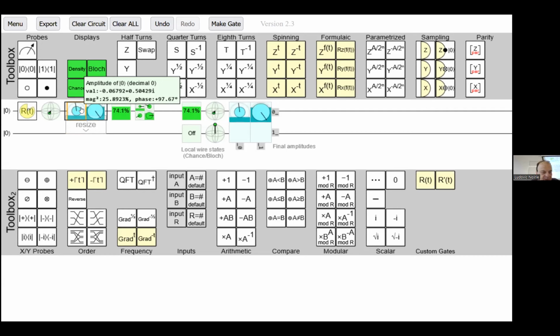And then you have a circle that is more or less large. The size of the circle is related to the square root of the magnitude. The line inside the circle represents the phase.